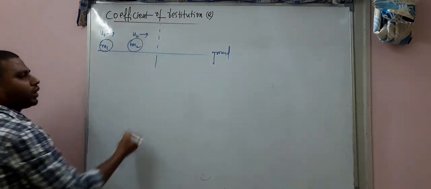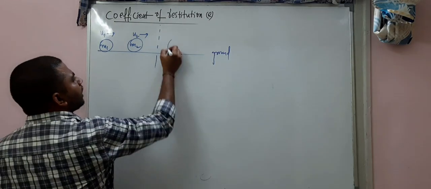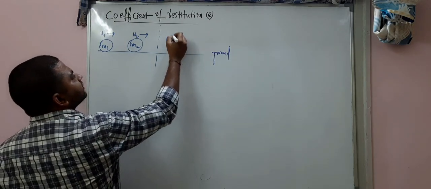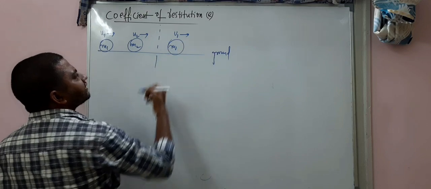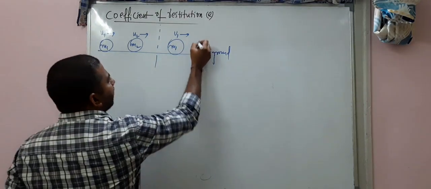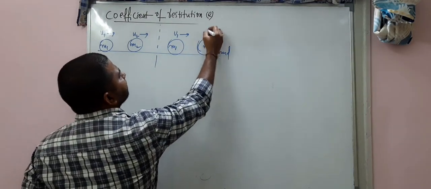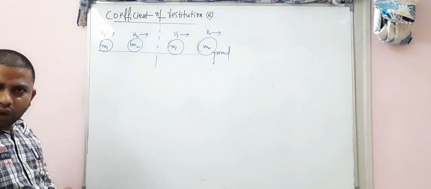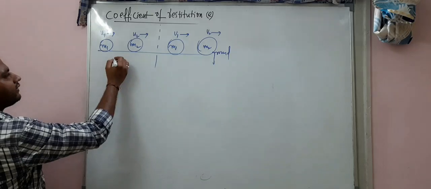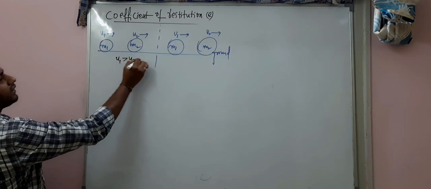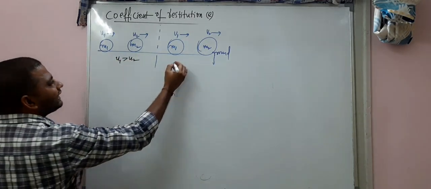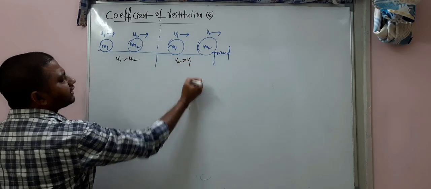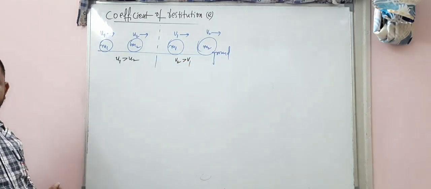After the collision, what is happening here? The first mass is moving with a velocity v1 and the second mass is moving with a velocity v2. What we had already discussed is u1 must be greater than u2, and v2 must be greater than v1.